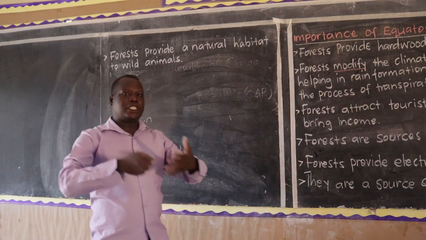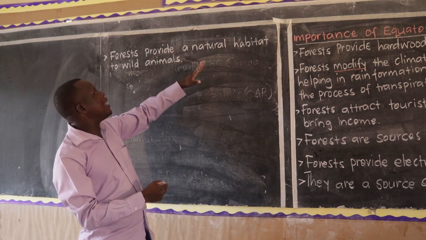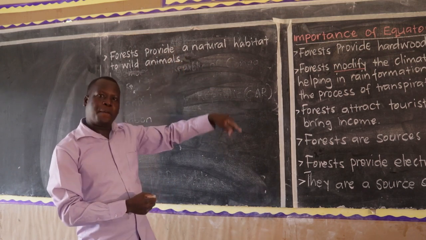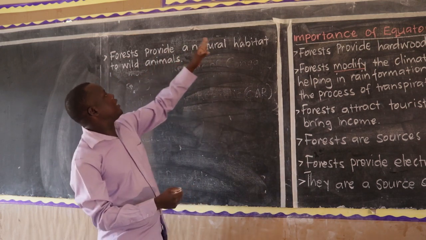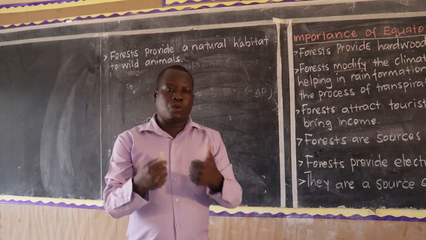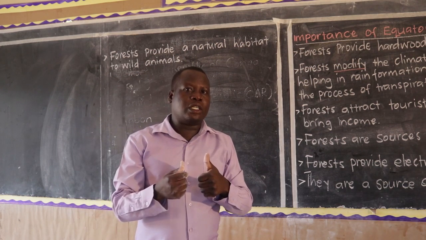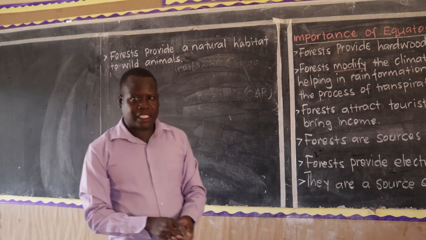But if they say, mention 1 way in which wild animals benefit from natural forests, the natural forest provides them with the natural habitat, also provides them with food. So you have to make sure that you read that question and see exactly what they have asked.